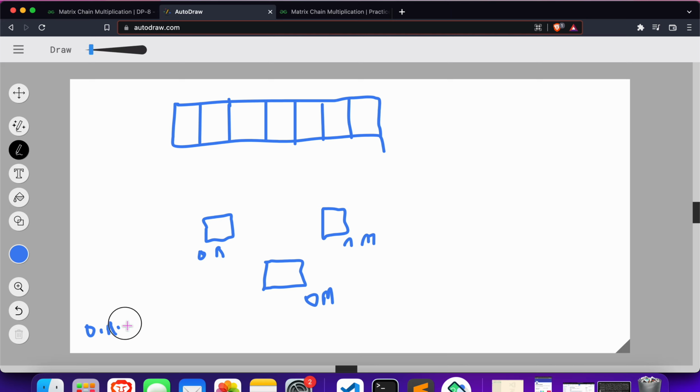So O n n will be the number of operations we will do.